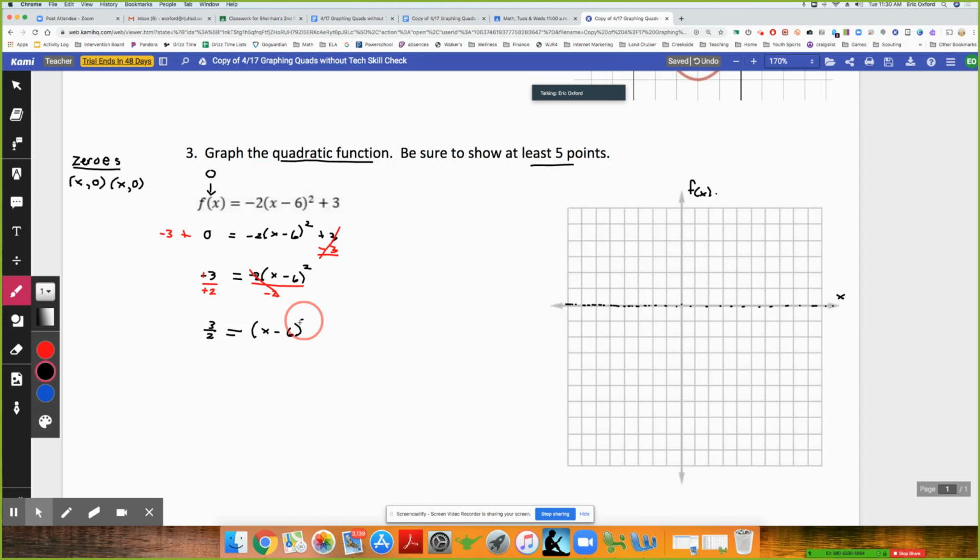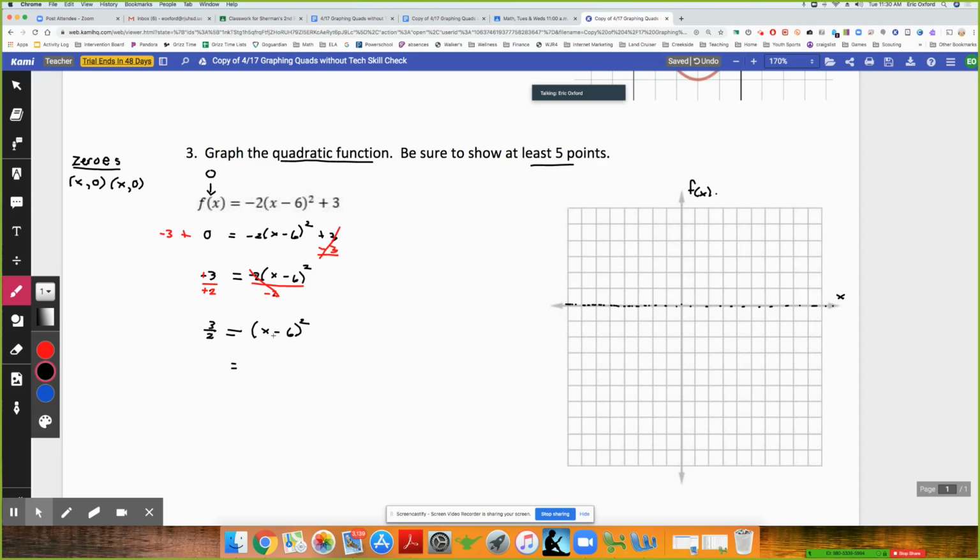Let me finish copying this down. When I divide by -2 right here, I have to do the equal operation over here, and that does create a fraction.